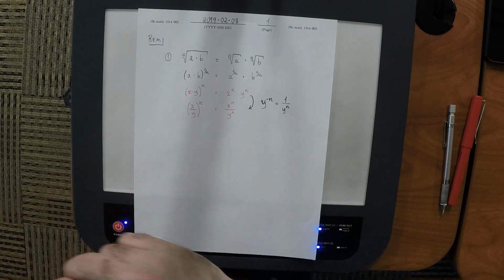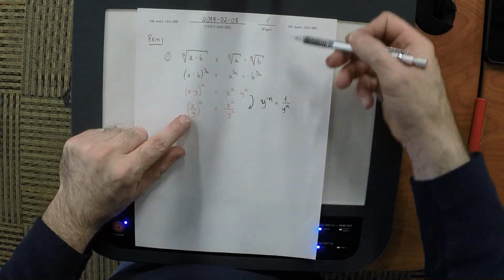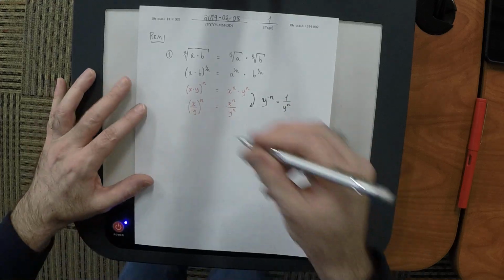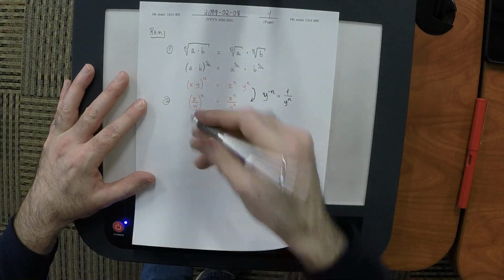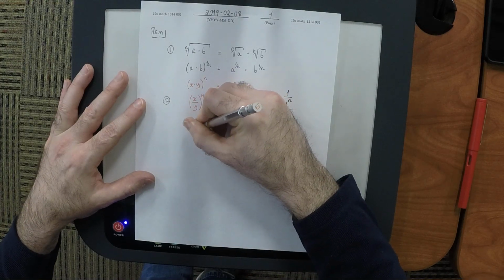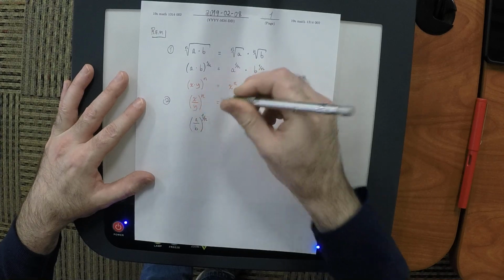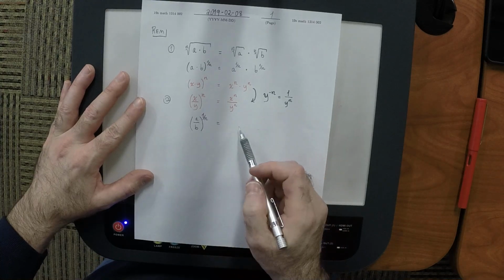And now what I'm telling you is that we can walk back out this path going the other way. Suppose I change this to a's and b's and 1 over n's. If I say a over b raised to exponent 1 over n, then what's going to be the result?